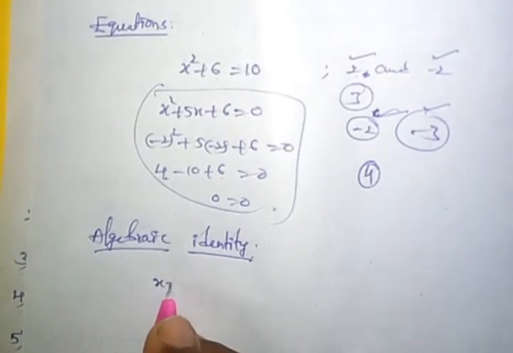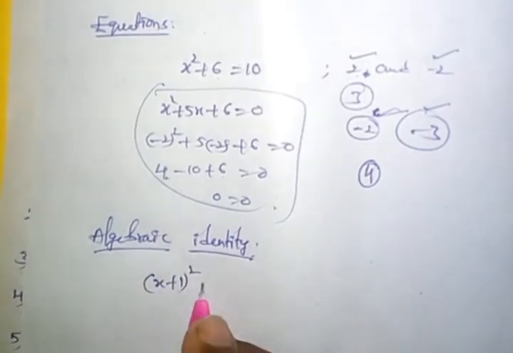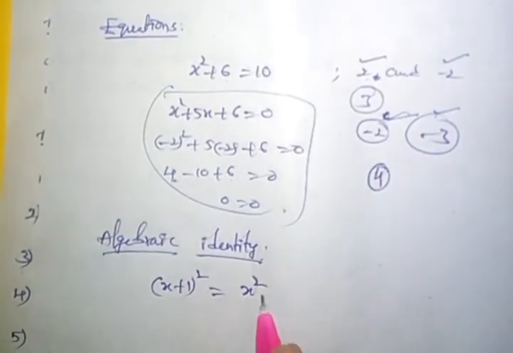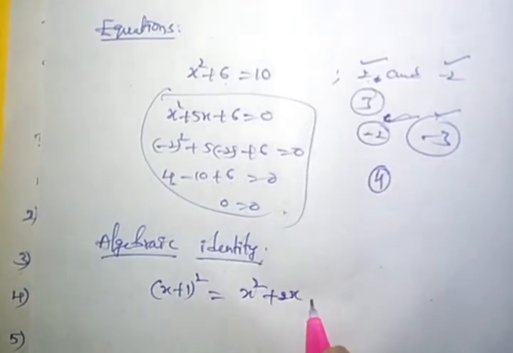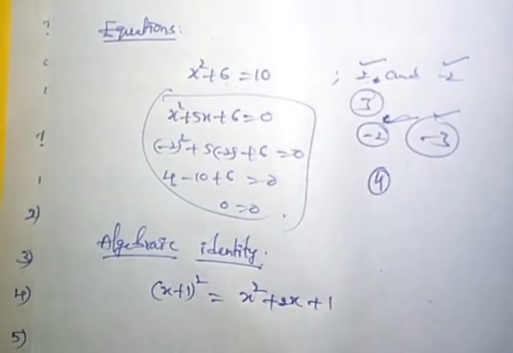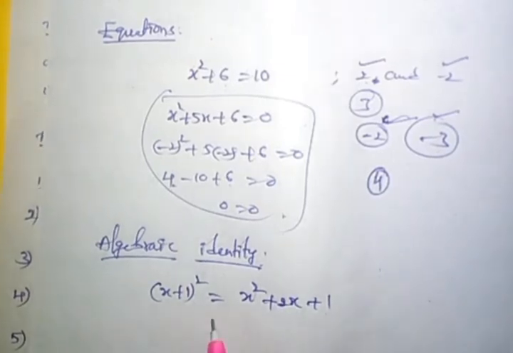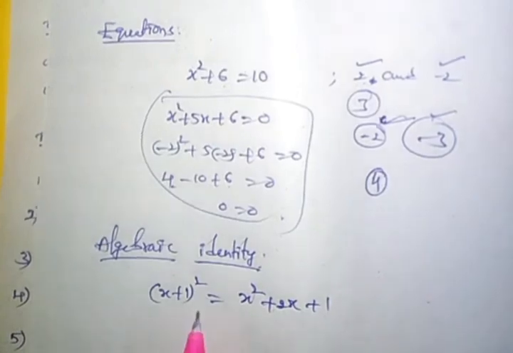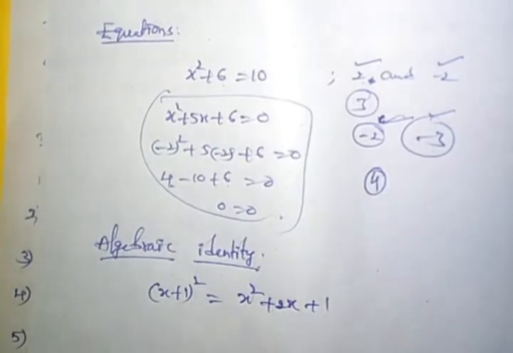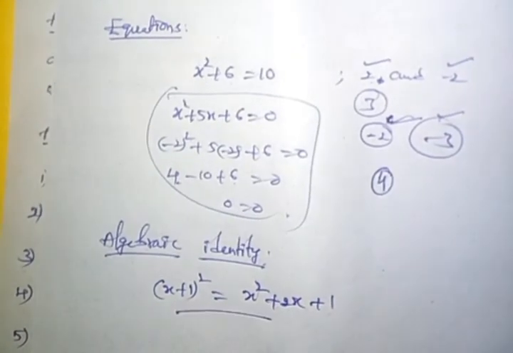If you take x plus 1 whole square equal to x square plus 2x plus 1, this is an identity. It is true for all the values. If you substitute any value in this equation, it is true for all the values. So that's why it is called an identity.